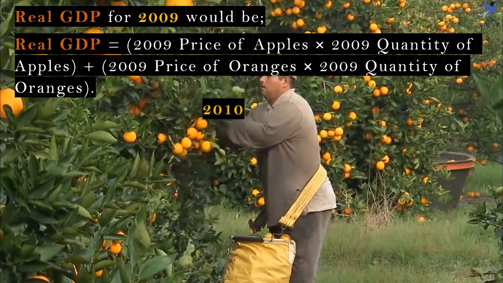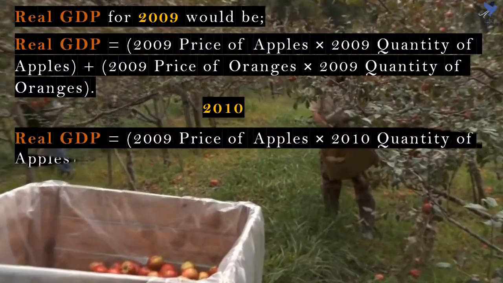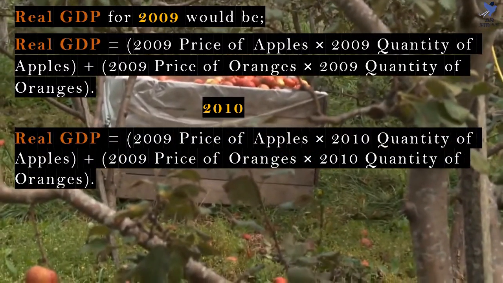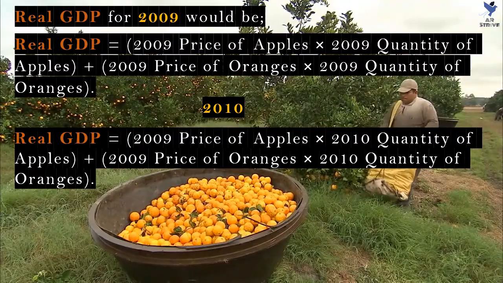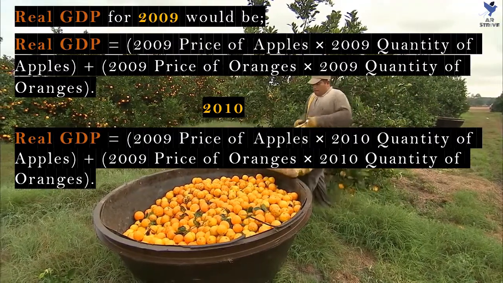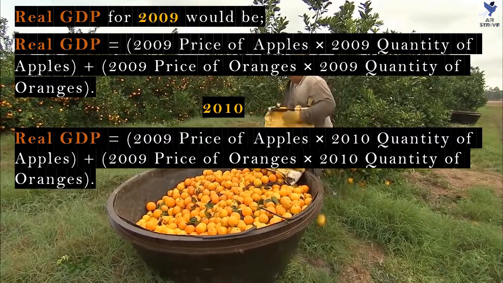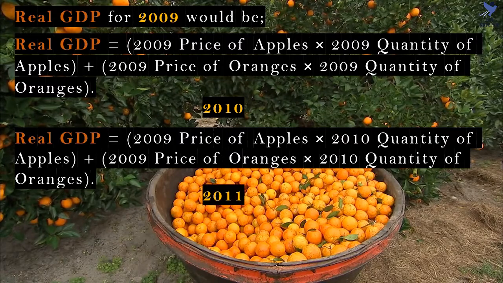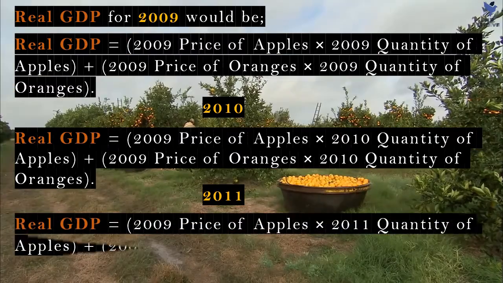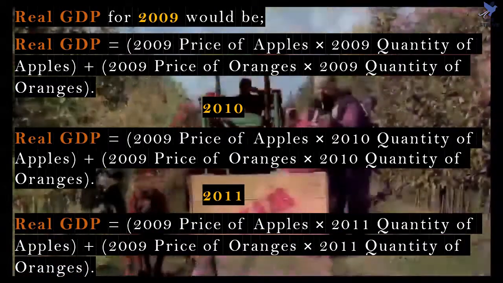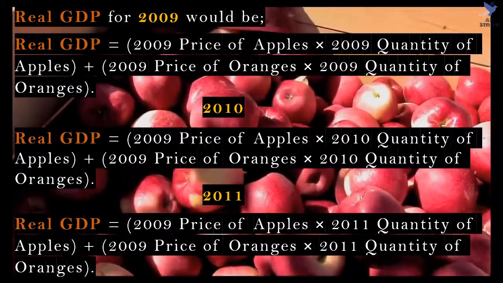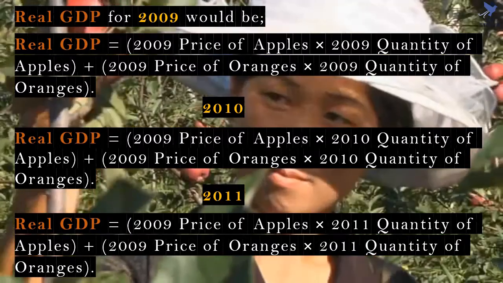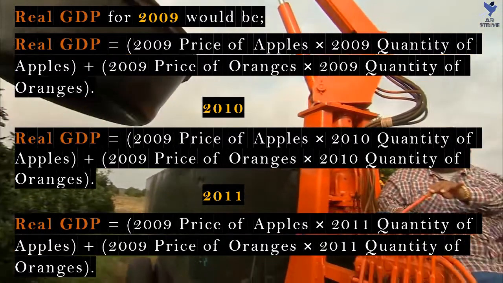Similarly, the real GDP in 2010 would be 2009 price of apples times 2010 quantities of apples plus 2009 price of oranges times 2010 quantity of oranges. And real GDP in 2011 would be 2009 prices of apples times 2011 quantity of apples plus 2009 prices of oranges times 2011 quantity of oranges.